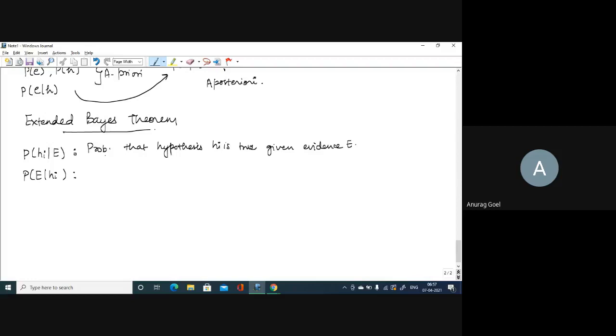This is the probability that we will observe evidence E given hypothesis Hi is true.